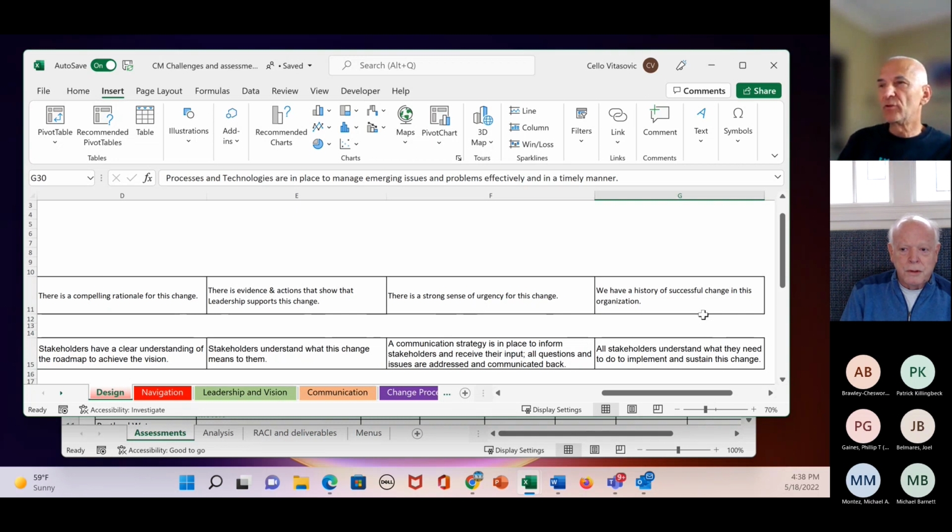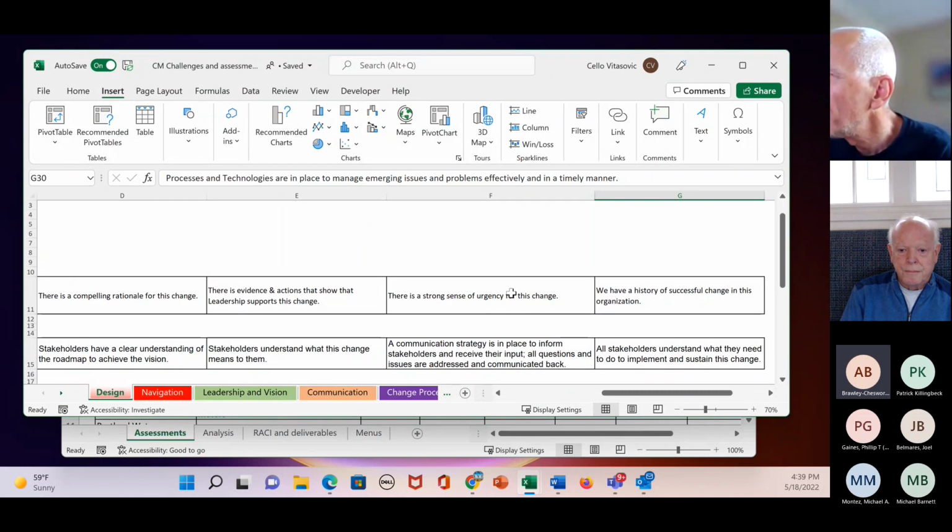Do any of these seem to you as something that would be objectionable or that could be improved? So this is Alice. My only question is, there is a strong sense of urgency for this change. I'm just wondering in my mind, do you mean among leadership or among everybody involved in the change?